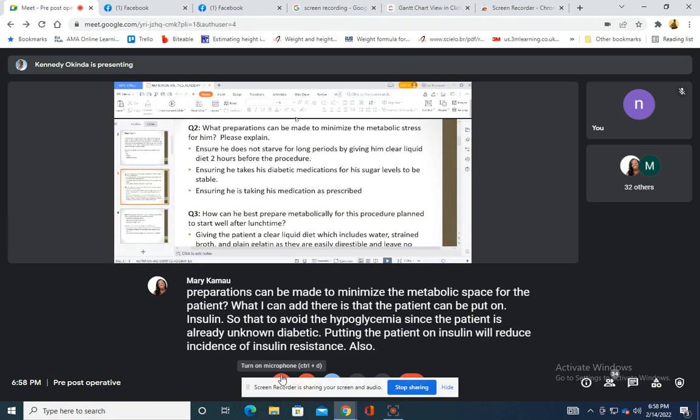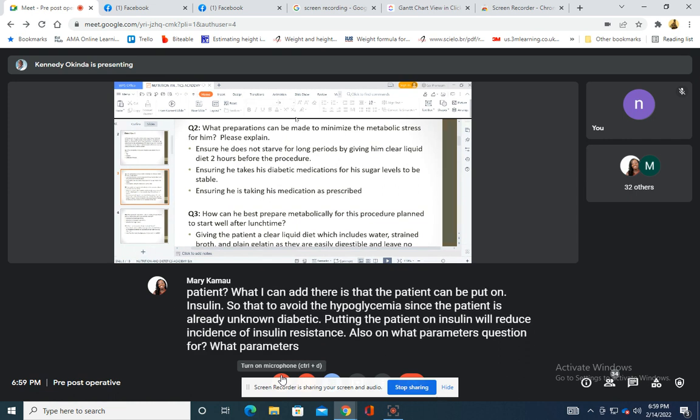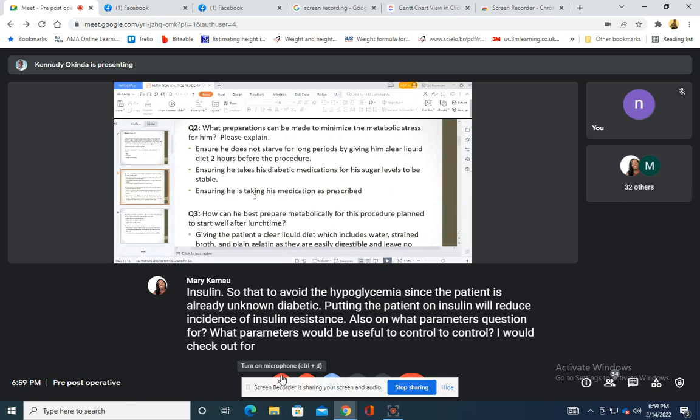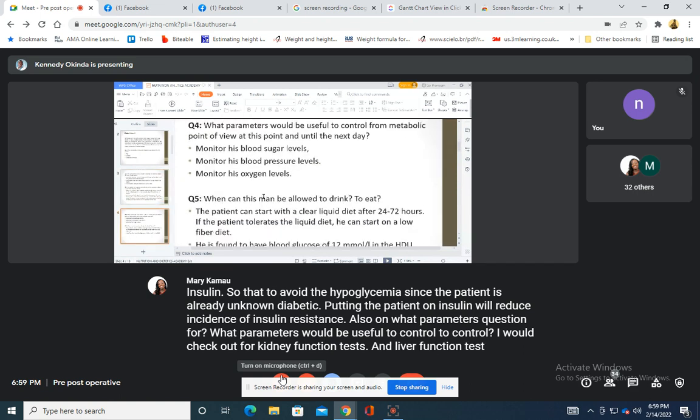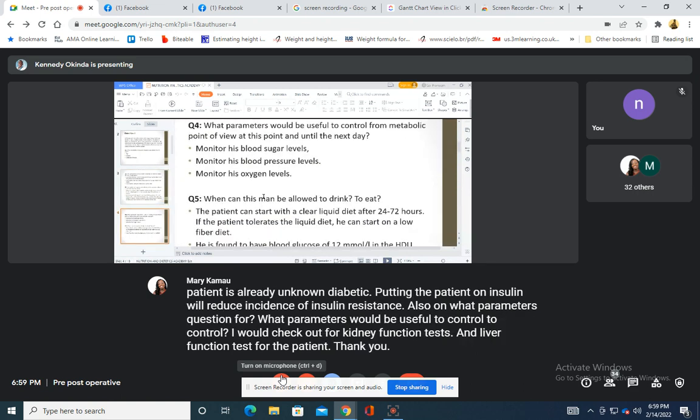Also, on question 4, what parameters would be useful to control? I would order kidney function tests and liver function tests for the patient. Thank you.